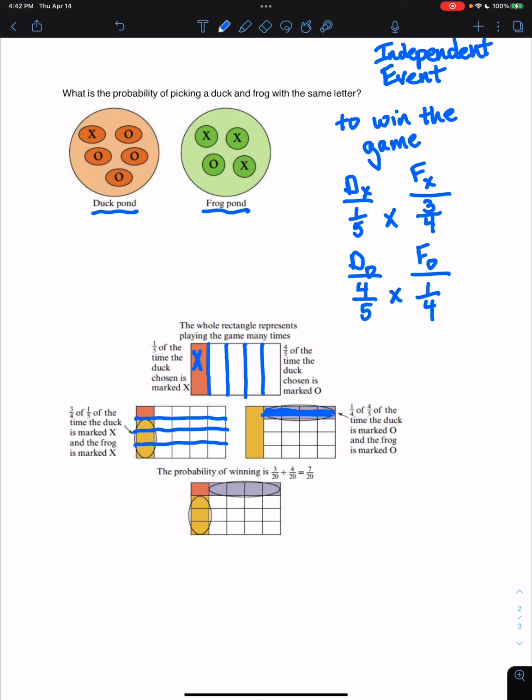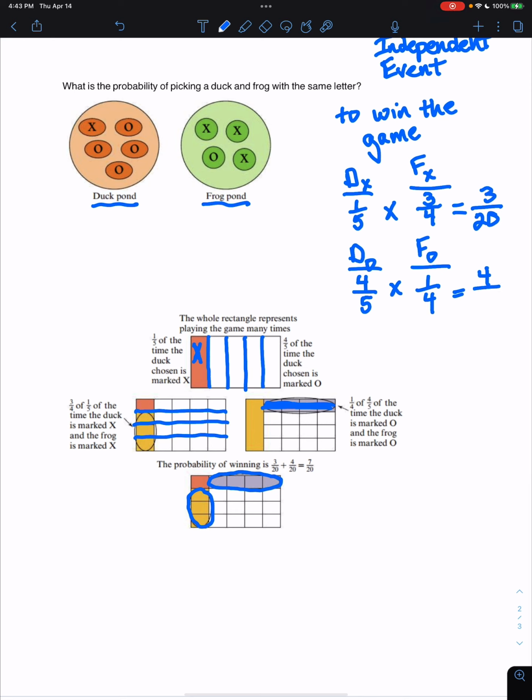We're going to multiply our fractions, and we see here that we have 3 out of all these boxes, 3 out of 20 times we could pick a duck with an X and a frog with an X. And 4 out of all these chances, 4 out of 20, that we could pick a duck marked with an O and a frog marked with an O.